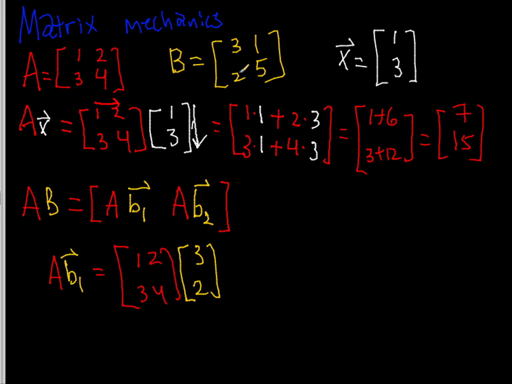This is the first column of B. I go across and down as before. I match 1 to 3 and 2 to 2, so this is 1 times 3 plus 2 times 2. And then I go down: 3 times 3 plus 4 times 2, with the entries going down in order, just as before.